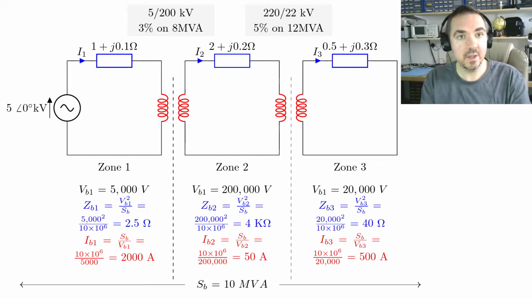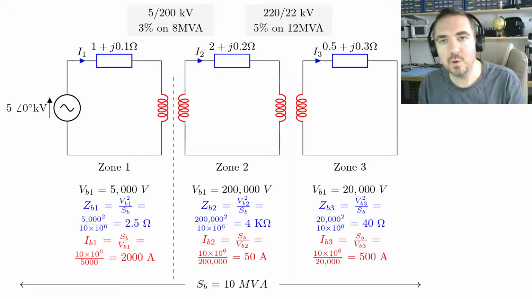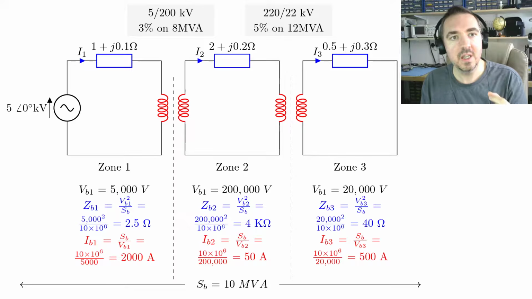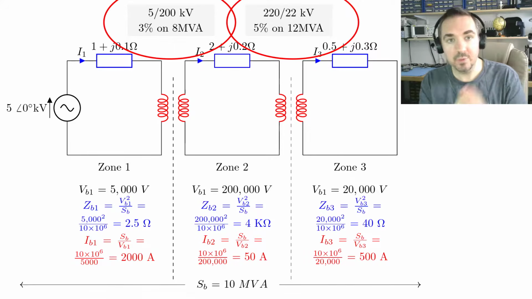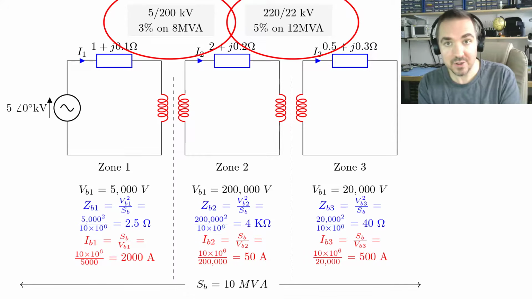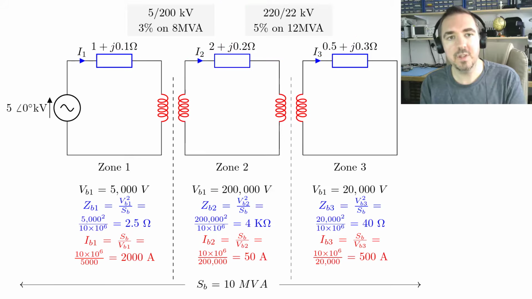So in this circuit, you'll note that our transformer nameplate information gives us an impedance that is relative to a different base voltage and base apparent power. So unlike in the previous case where everything matched, we cannot simply put the impedances of these transformers straight into our circuit.